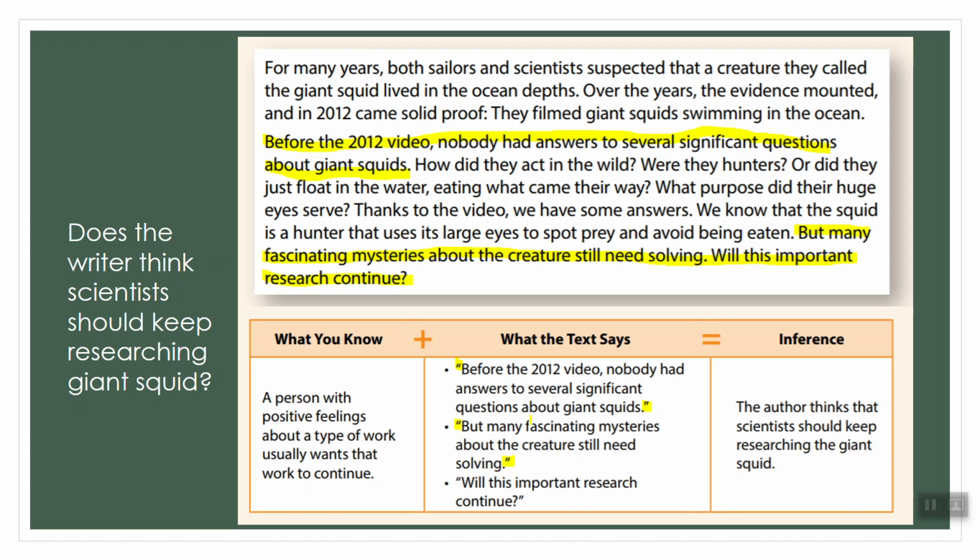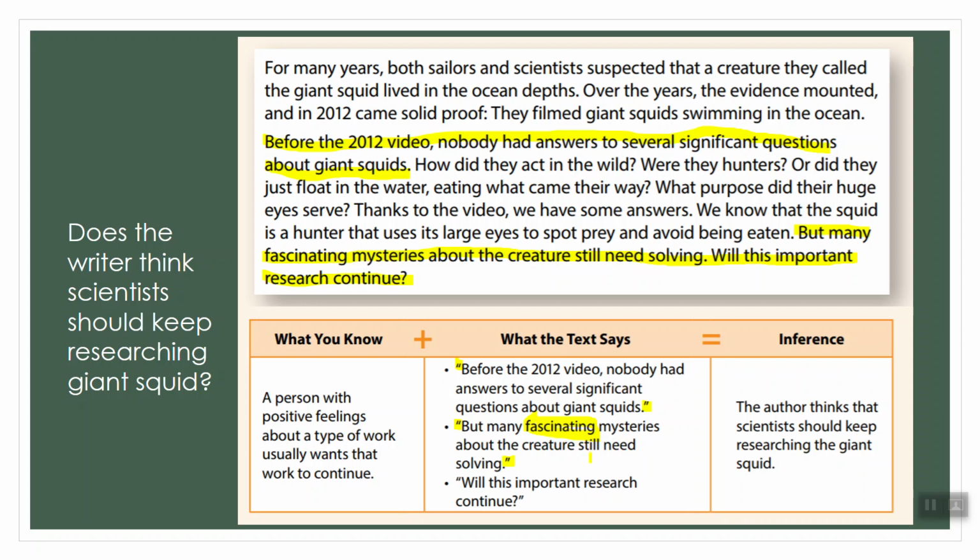So again, the quotation marks say I took this right from the text, and the writer is saying that there were a lot of questions without answers, and now we have some answers, but many fascinating mysteries about these creatures still need solving. Notice the word fascinating. He uses the word fascinating to describe these giant squid mysteries.